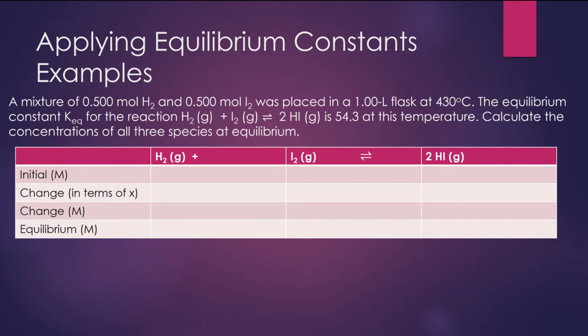We have A is equal to M over B, or in the case of chemistry, we have K is equal to P over R.